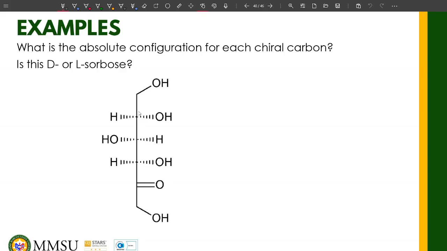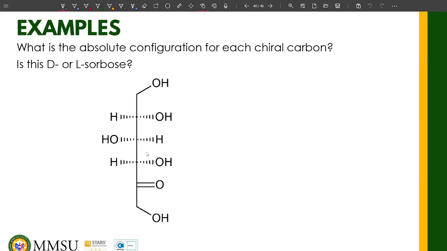So, dapat naka-wedge siya before mo siya i-convert into a Fischer projection. But the problem here is baliktad siya. So, yung C double bond O mo is nasa ibaba. And then, yung mga horizontal units mo is naka-dash lines siya.